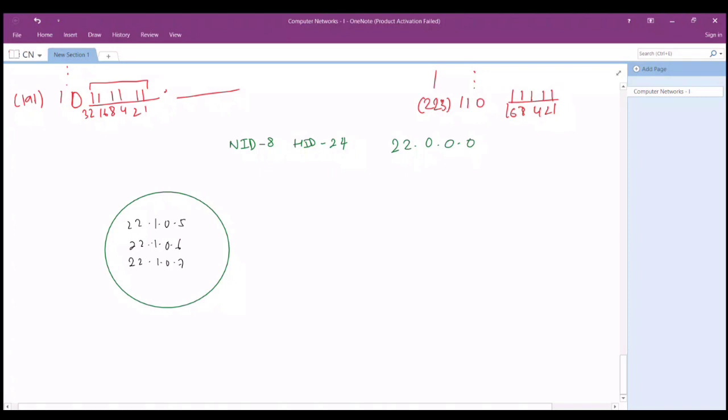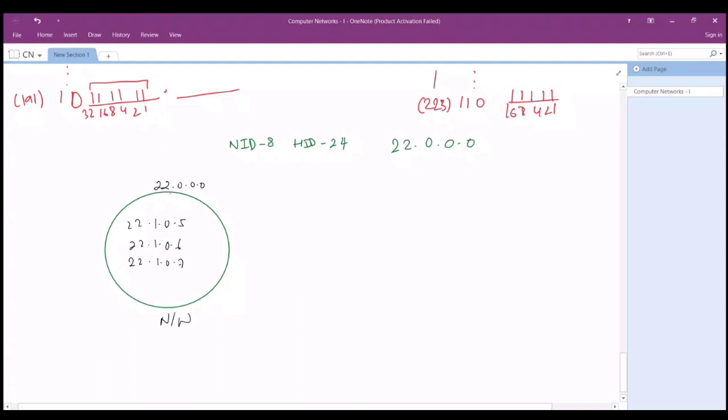So all these will belong to the same network whose network ID would be 22.0.0.0. Means this network can be represented by an IP address, which is 22.0.0.0. So it's just a way of representing the entire network with a specific ID. Therefore, all zeros in the host part are reserved as a network ID.